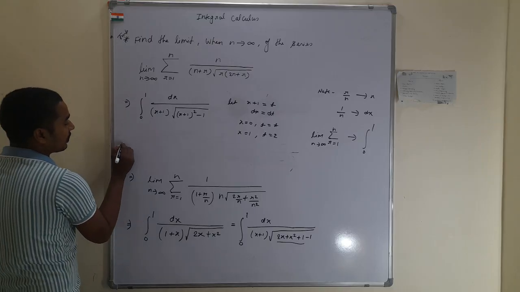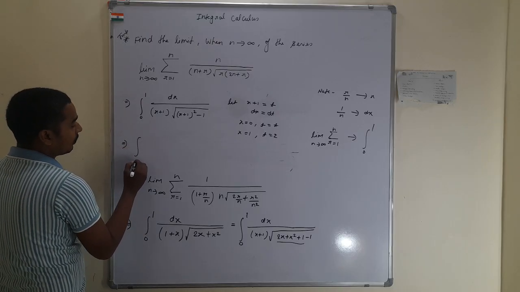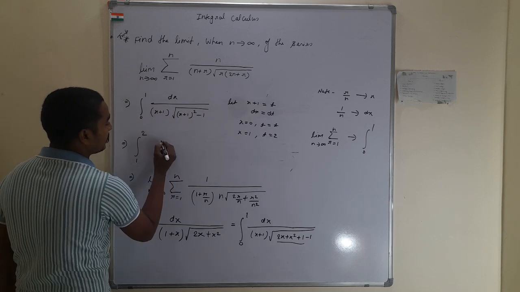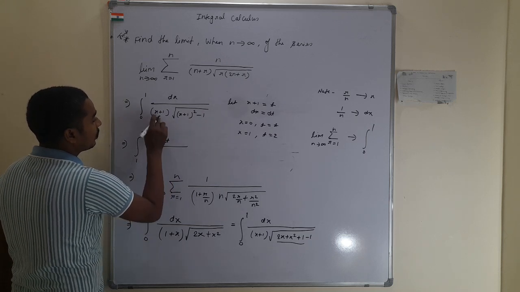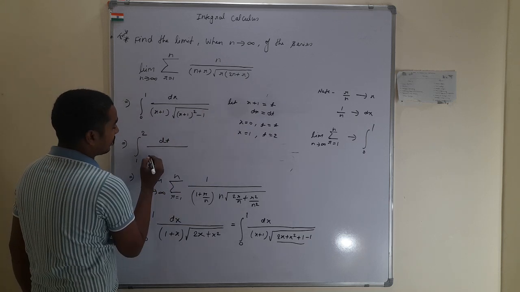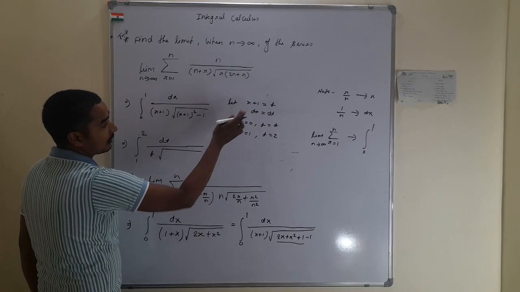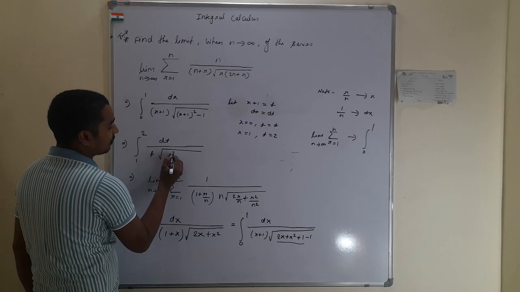The new limit becomes 1 to 2. Here dx is replaced with dt upon x plus 1, which we let be t, and under root of x plus 1 we let t. This gives t square minus 1.